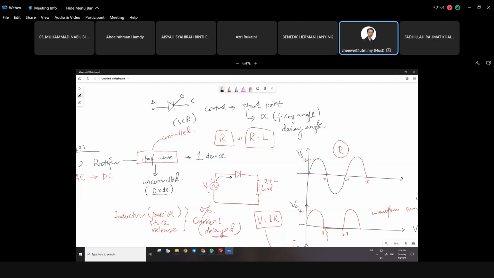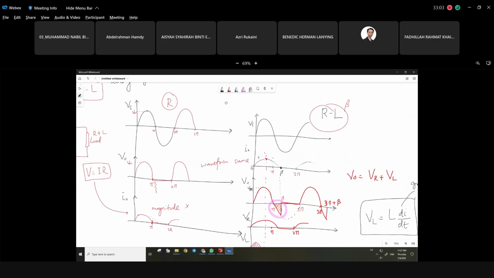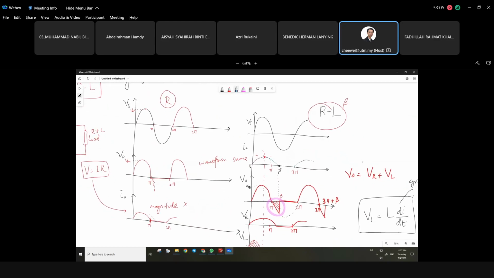Okay, now for both cases, from the R load as well as for the RL load, they are still behaving the same. But what makes it different is the point of starting alpha. Okay, alpha is the firing angle, and it tells the waveform to start.